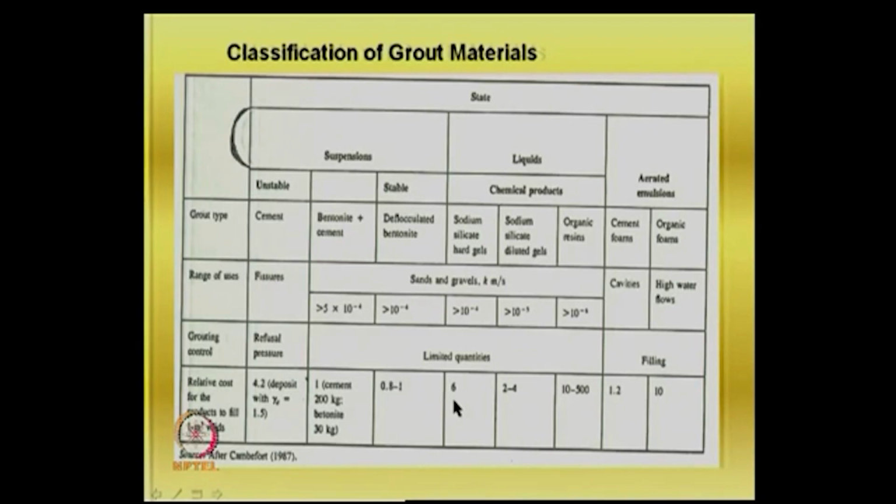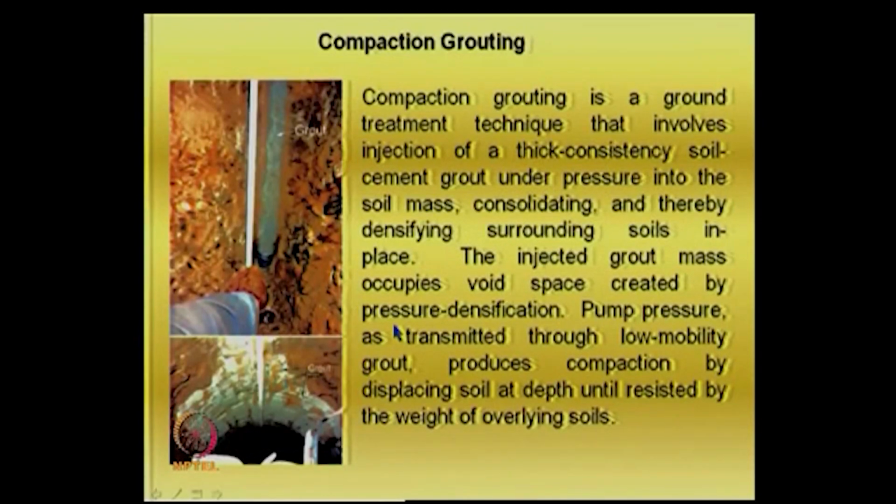So, essentially what we should do is achieve all this in a proper manner without sacrificing its suitability as a material, both in terms of permeability reduction as well as strength improvement. A few more examples here, like we have seen compaction grouting.